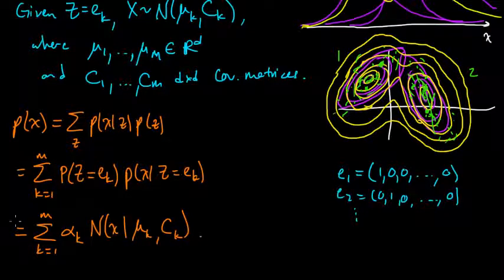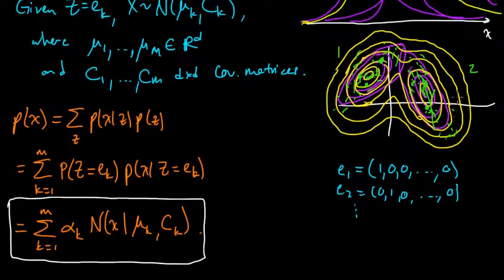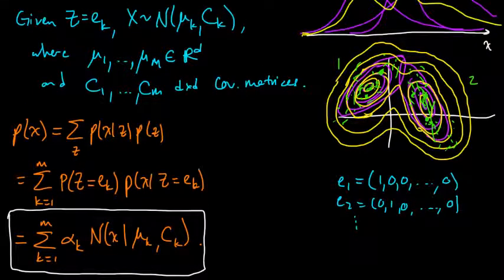So this is the density function of a mixture of Gaussians. And it's just what we said earlier, right? We have m different normal PDFs, different Gaussian PDFs, and these coefficients form a convex combination of these PDFs because they're non-negative and sum to 1.